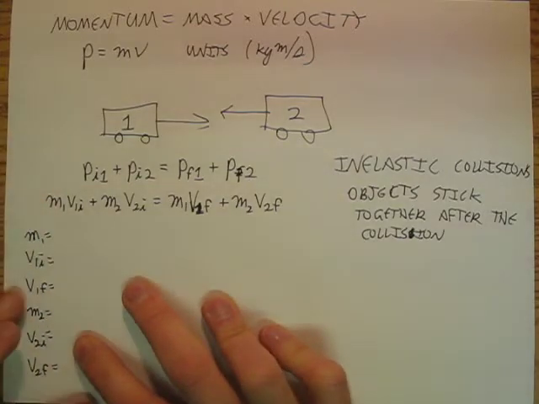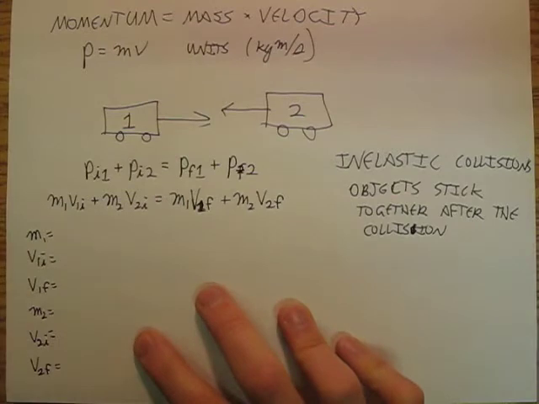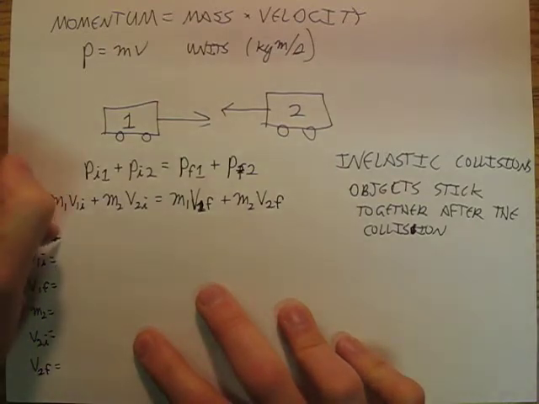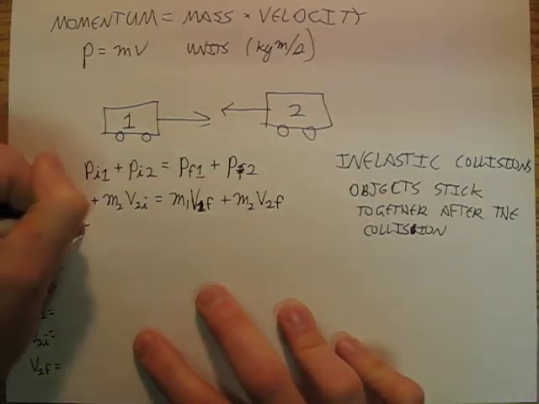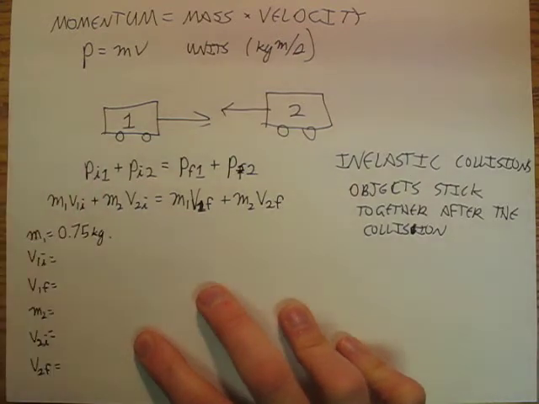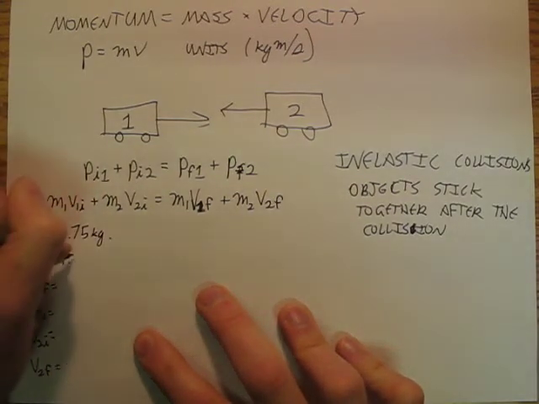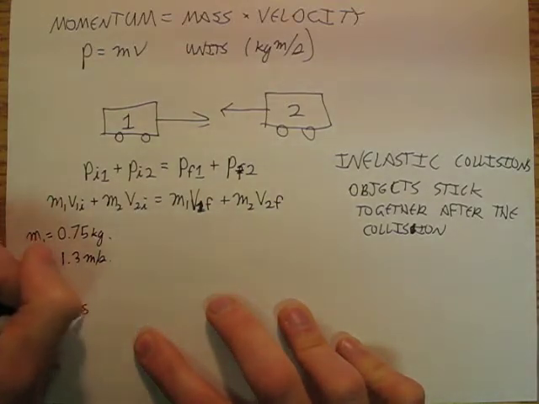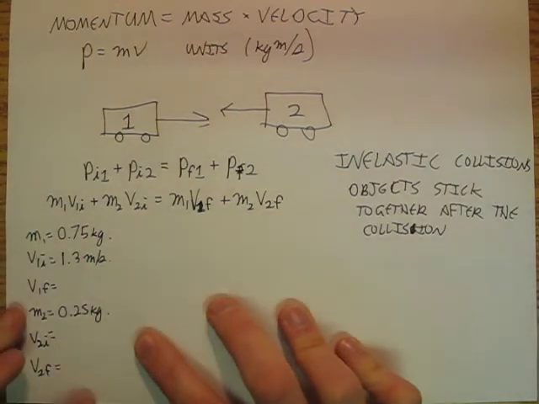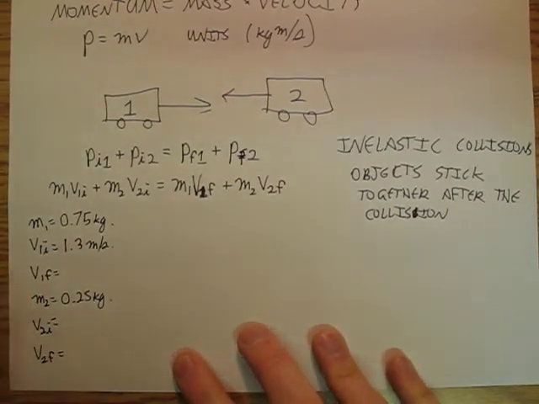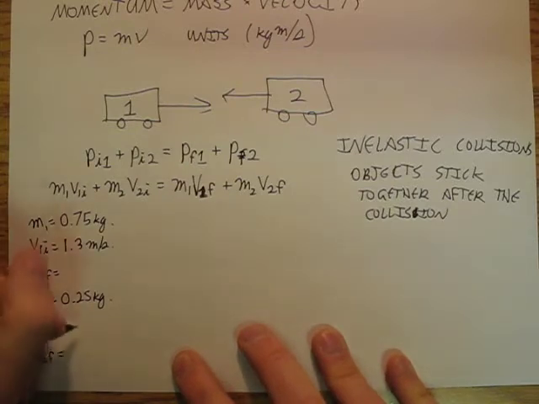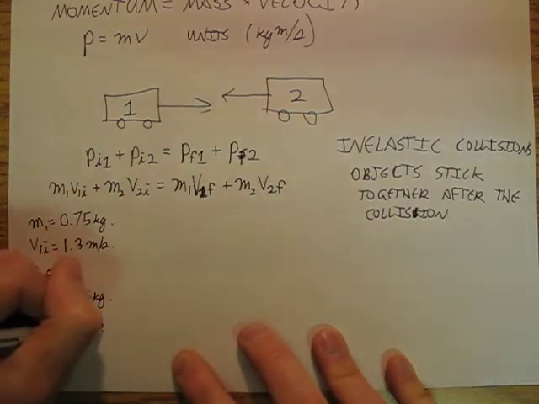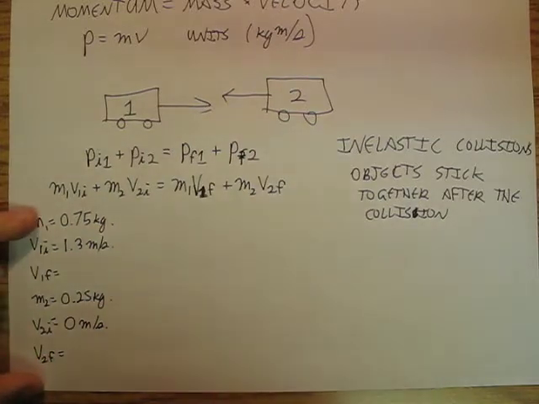and we're going to say that we had one cart, and the one cart had a mass of 0.75 kilograms, and we'll say it had an initial velocity of 1.3 meters per second, and we're going to calculate that in a second. And we know that m2 had a mass of 0.25 kilograms. And let's start off for our first example. Let's make it very easy. Let's say that the initial velocity of cart number 2 was 0 meters per second, and then we're going to figure this out.